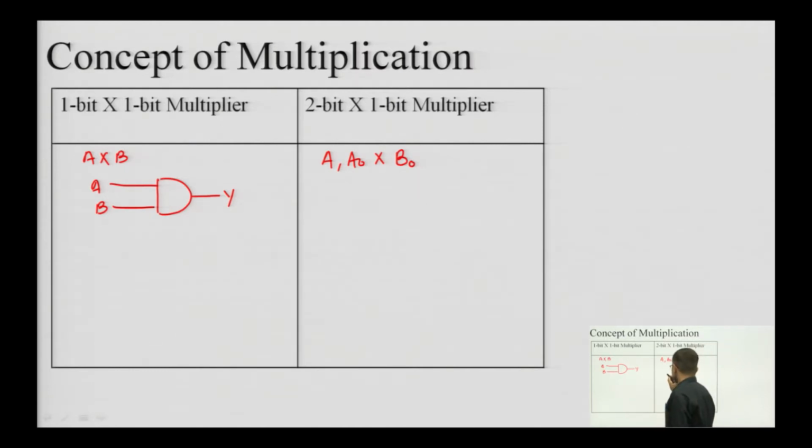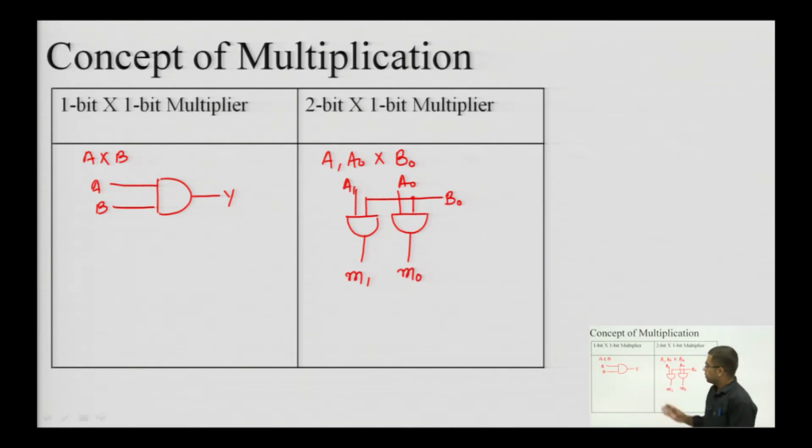Something like this, this will be my a 1 and this will be a naught, and both will be multiplied by b naught. And this will be my multiplication result, we can say it is m 1 and m naught. So, we have extended the concept of 1 cross 1 multiplication to 2 cross 1 multiplication.